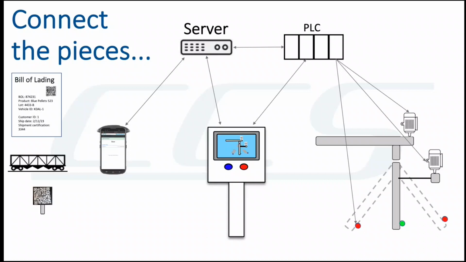It's also stenciled onto the side of the rail car, like SRIX 1234. That stencil should match the RFID tag. And then the supplier of the product is going to give you a bill of lading, and on that bill of lading, it is also going to list the same SRIX 1234.